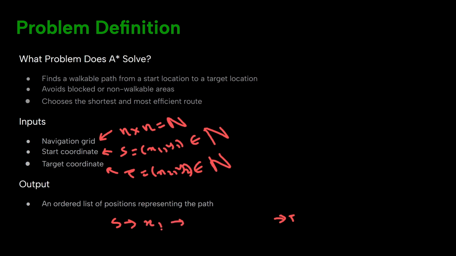So it could be like xi, yi up until some xj, yj along the navigation grid.